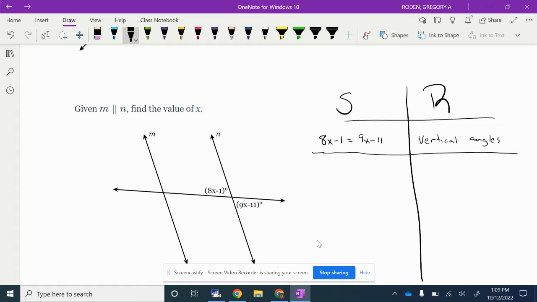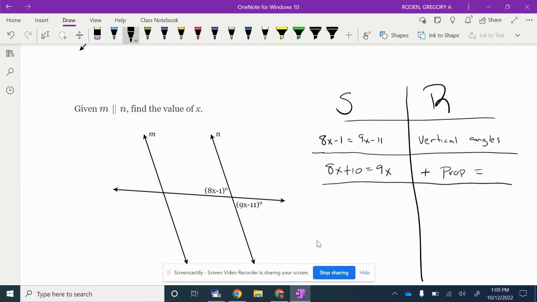If you do that, what do you get? You get 8x plus 10 equals 9x. Okay, and what's the reason? What did you just do? The subtraction property of equality. Well, did you subtract or add? Addition property of equality. Yeah, you added, right? So addition property of equality, right?